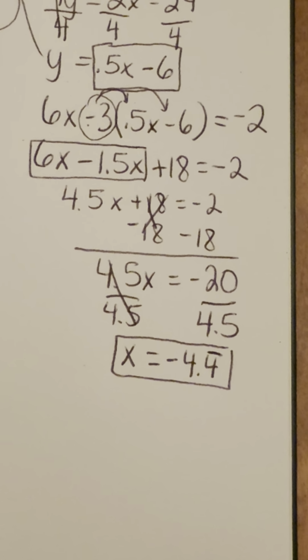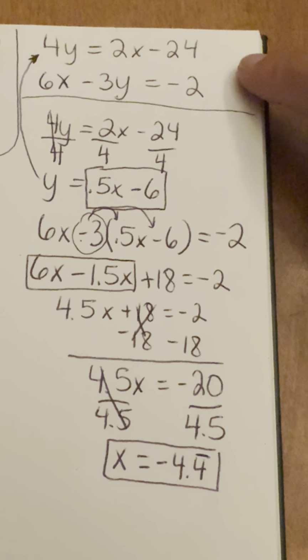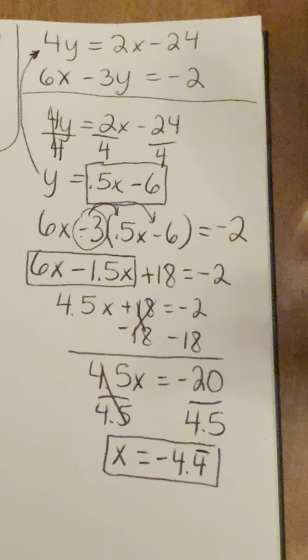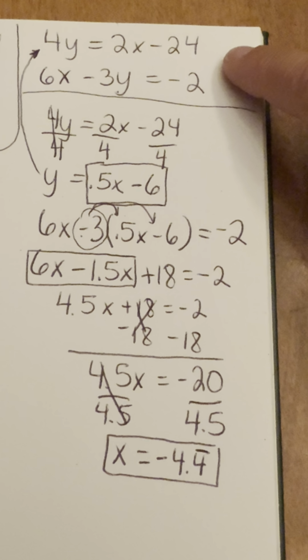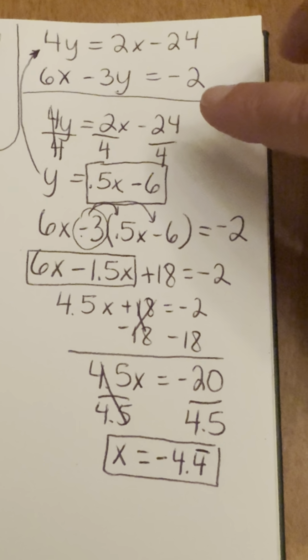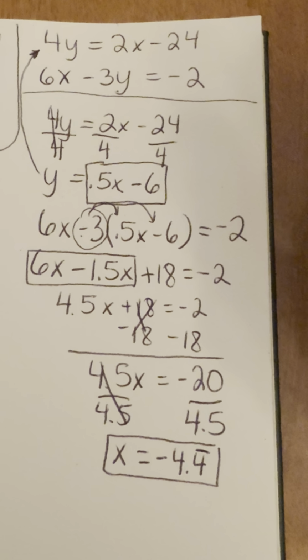Now that I have that, I'm going to go back up to the originals. You always want to go to the originals when you do this. Make it your own. I'm going to just go up to the top equation. Don't go to the rearranged one. Here's why.